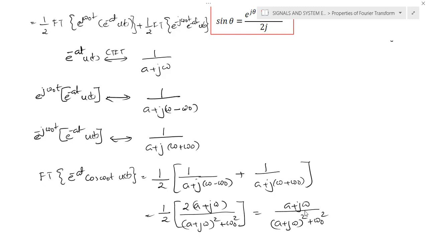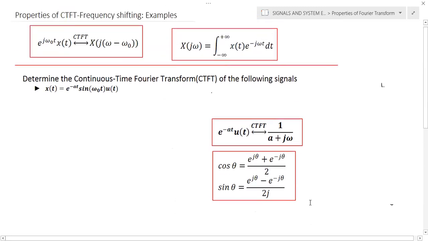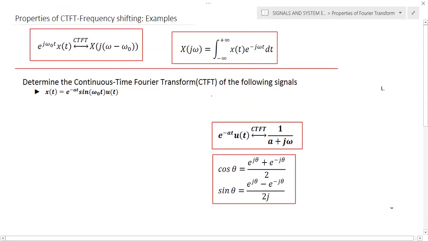Okay. Now we'll discuss another question, which is simply the same format, but the only difference is sine omega 0 t into u of t. So we can find the Fourier transform of the signal by simply changing sign in Euler's expansion. So it becomes e raised to j omega 0 t minus e raised to minus j omega 0 t by 2j into, so you can consider this as a single term, and remaining term e raised to minus at into u of t.